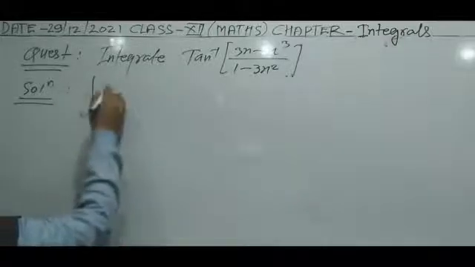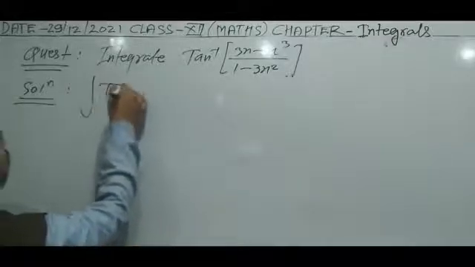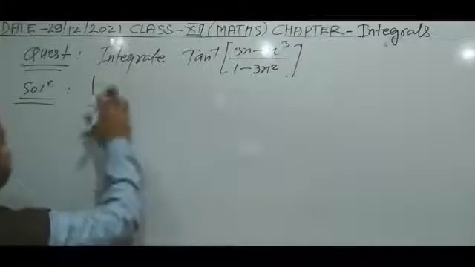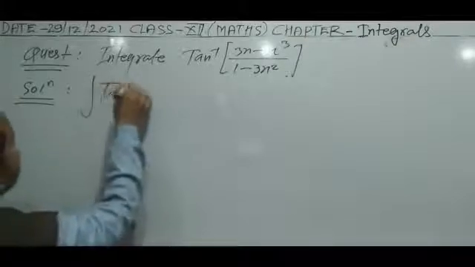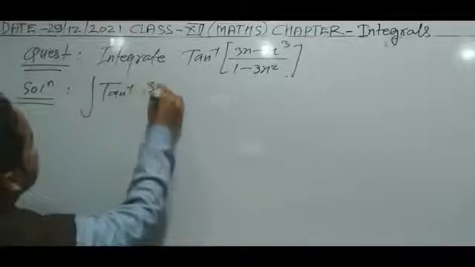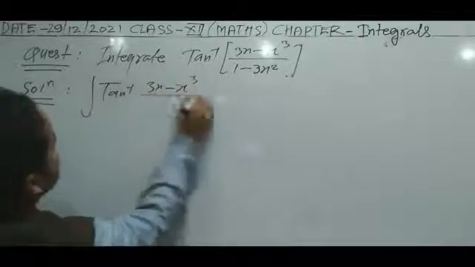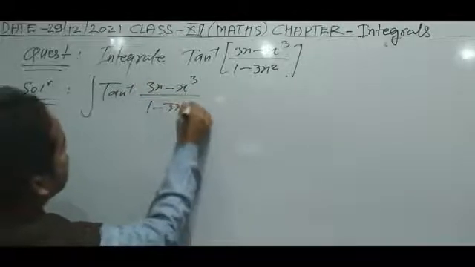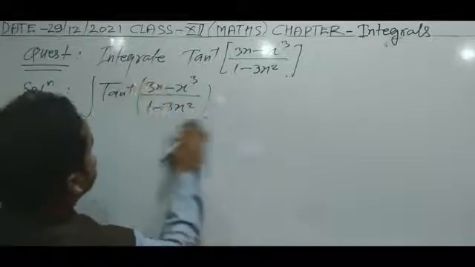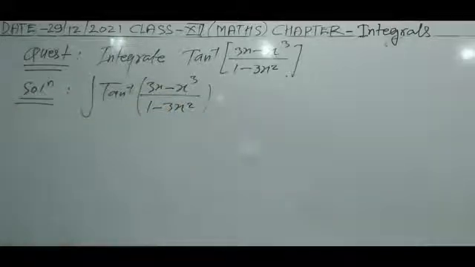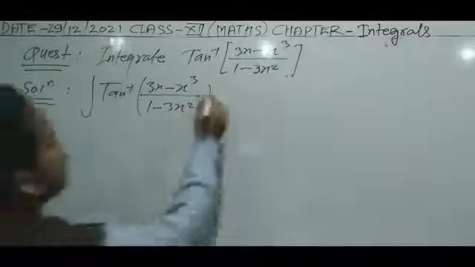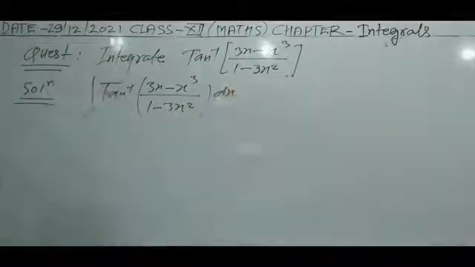Solution, we have to operate integral sign. Tan inverse of 3x minus x cube whole upon 1 minus 3x square. This is the result we have to integrate. So in this question, what we have to consider?